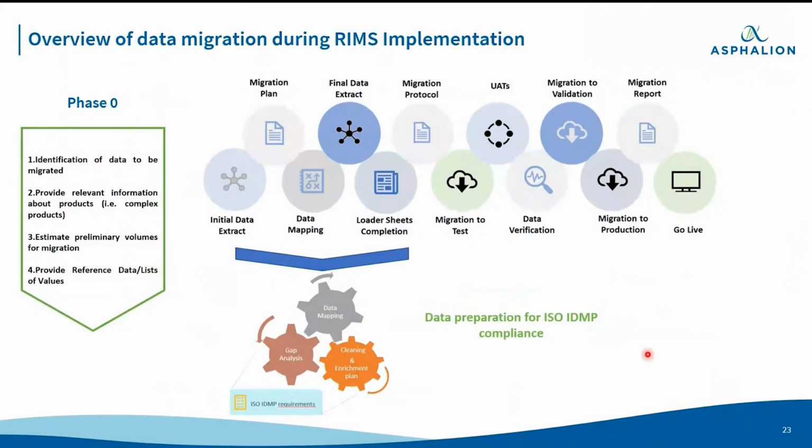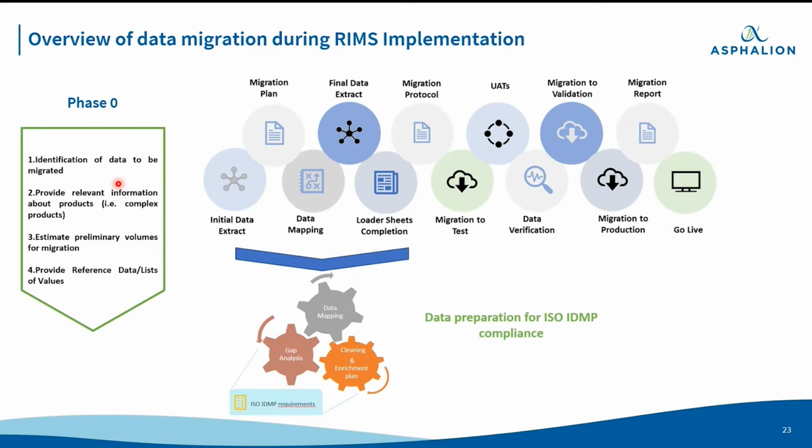So if we go a bit further on RIMs and how data migration occurs during the RIM implementation, there are important topics that we should know and understand when you're doing the implementation of a RIM. So first of all, you need to think of your data and how it is structured and who manipulates it. We can think of phase 0, here on the left, where you identify the data that you need to migrate.